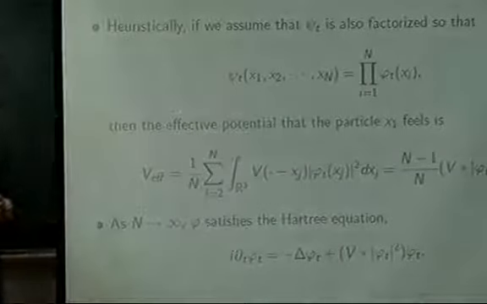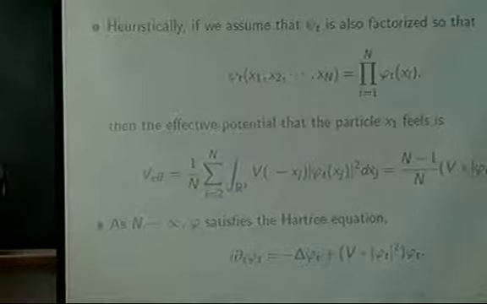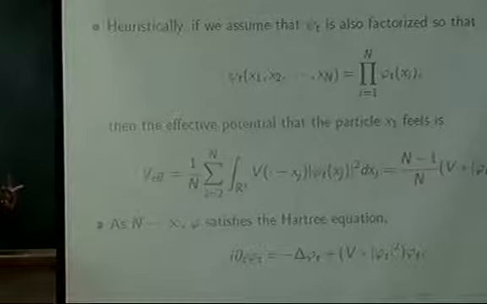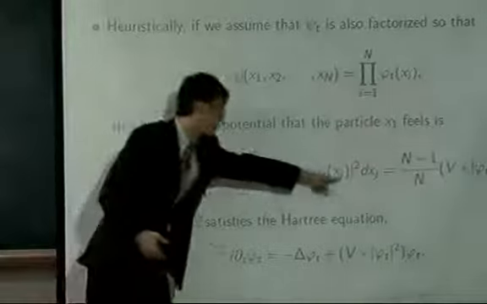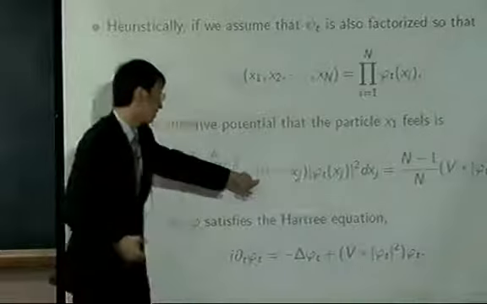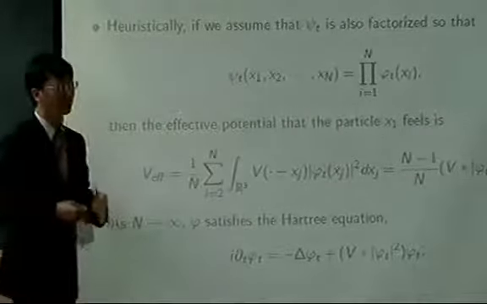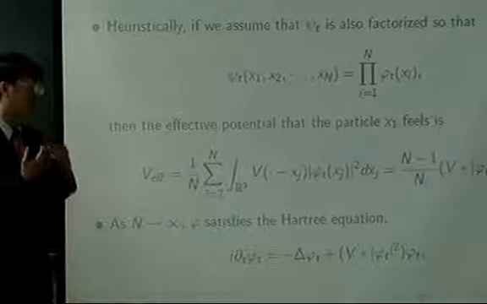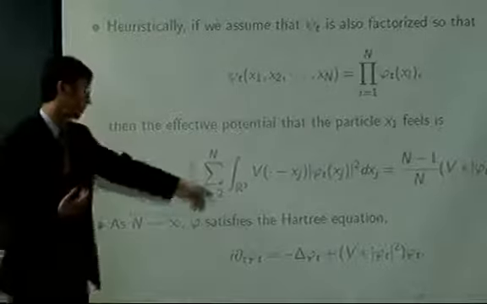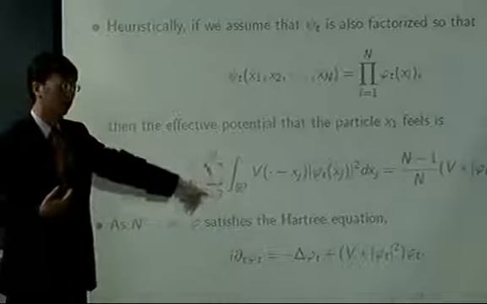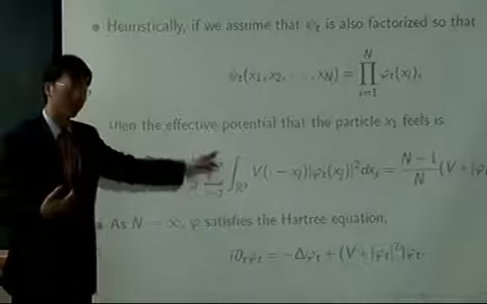Then we also need to consider the density. The density of a particle is given by the square of the wave function. So this is the density, and this is the potential. If you multiply density by potential, then this is the potential that the particle x1 feels. We need to make a summation over the indexes from 2 to n.